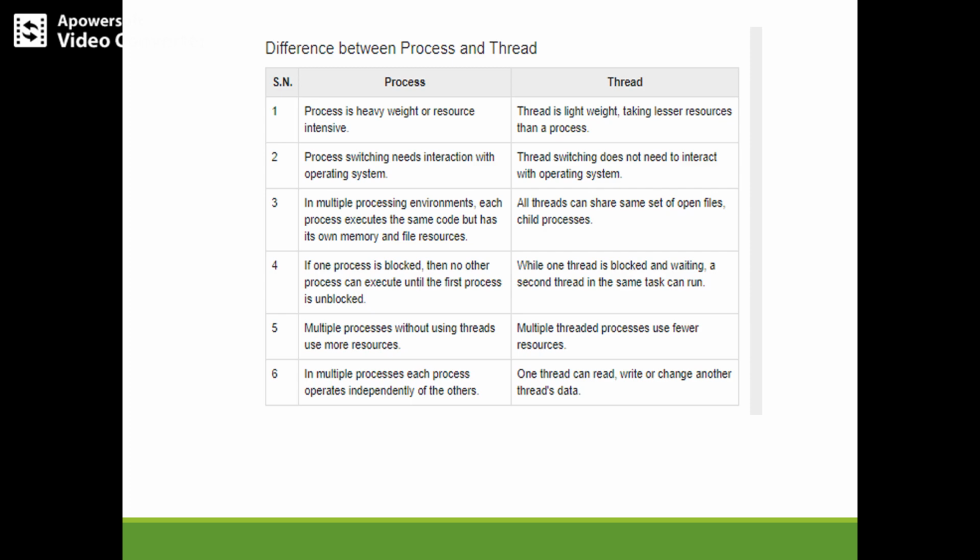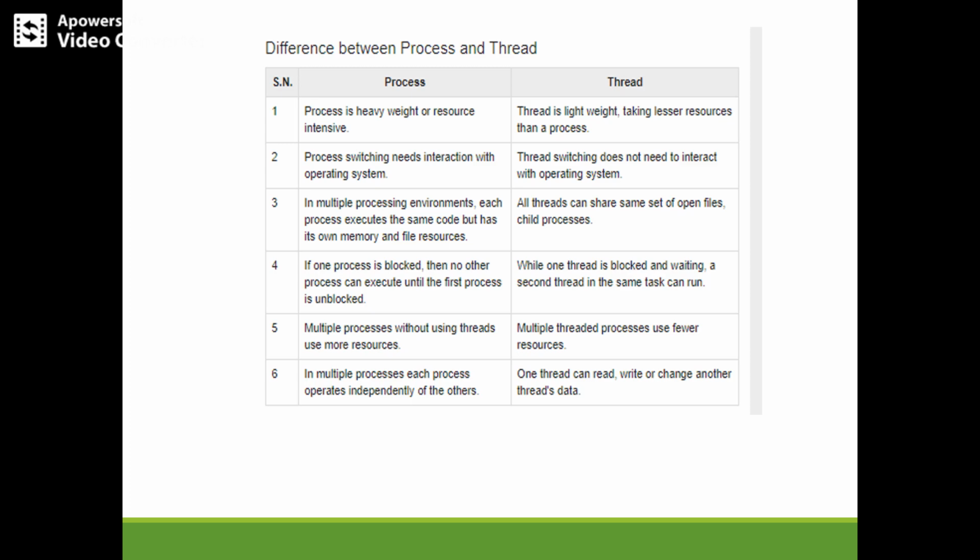In a multi-processing environment, each process executes the same code but has its own memory and other resources, whereas all threads can share the same set of open files as well as child processes and so on. Because for a process we'll have a particular thread, and if one process is blocked, then no other process can execute until that process has completed.